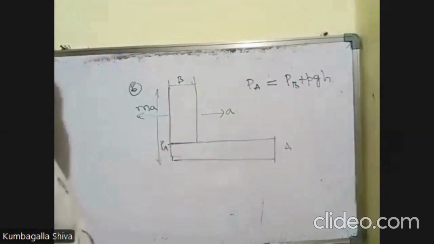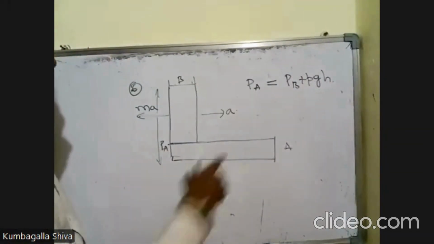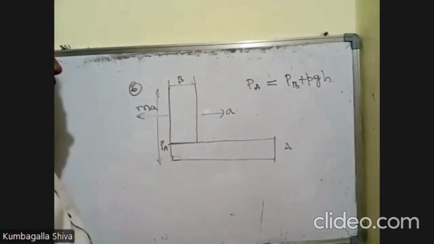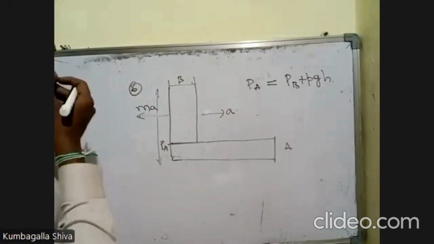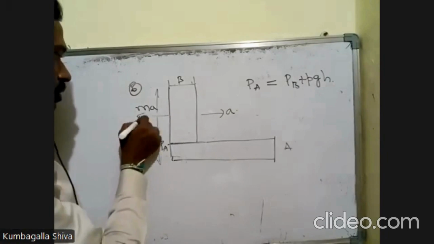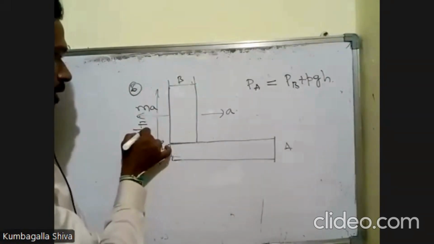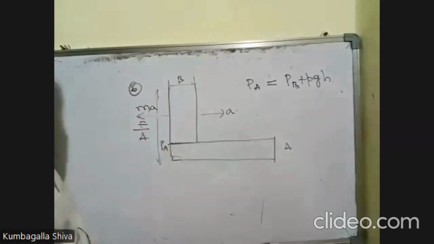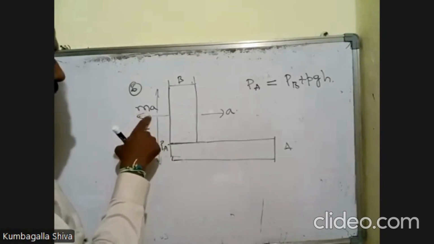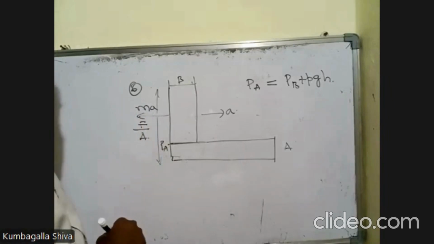This is the general formula. Here one force is being created, so we can write this force by area for the pressure. Can I write F by A?